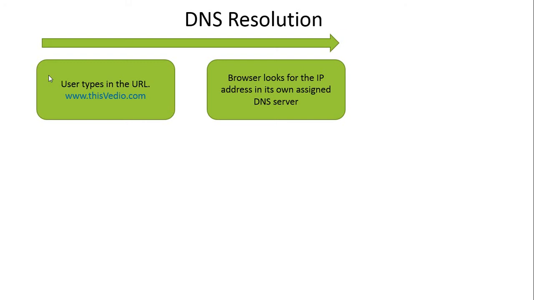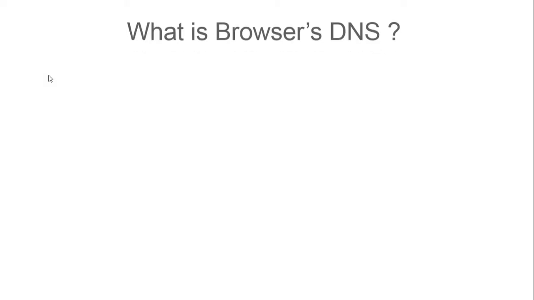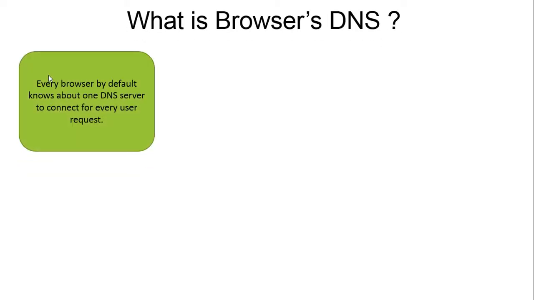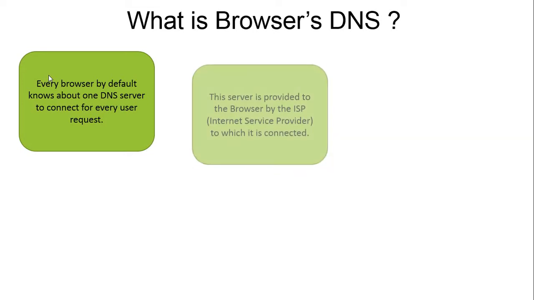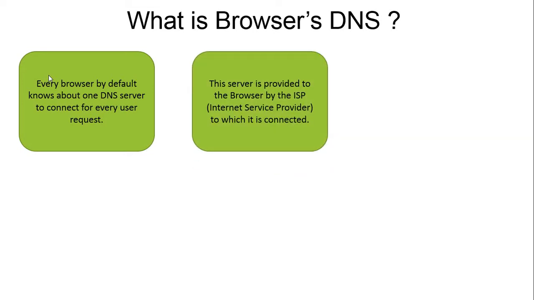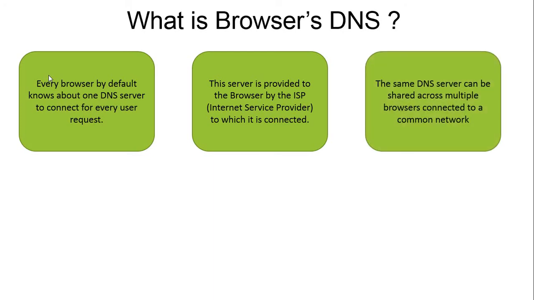Now let us see what the browser's own assigned DNS server is. Every browser by default knows of one DNS server to request for every incoming URL. Now, this server is provided to the browser by the ISP, or the Internet Service Provider, to which the browser is currently connected. Now, the same DNS server can be shared across multiple browsers.